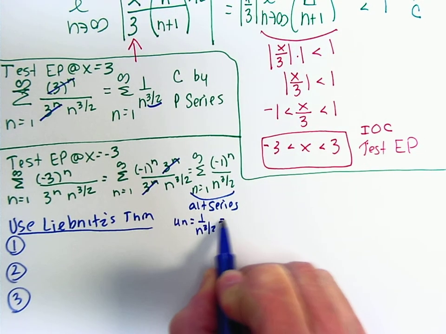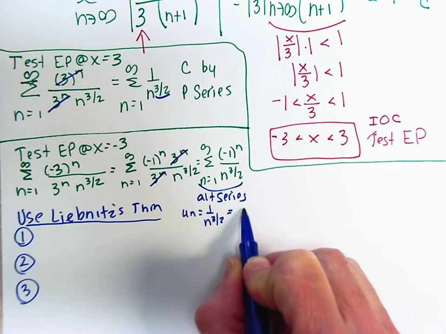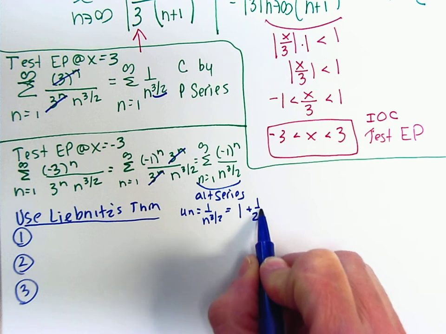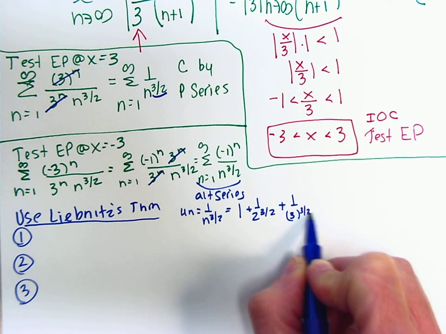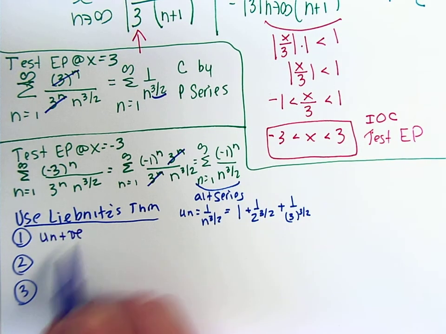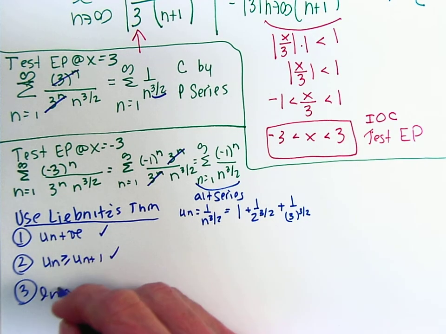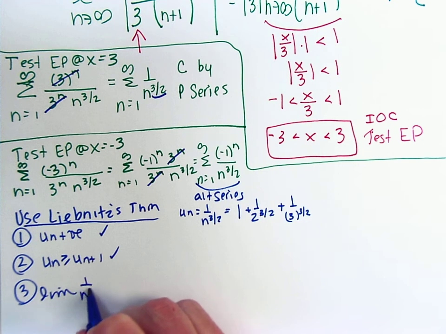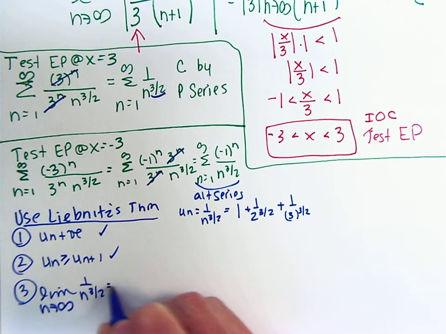If I write out a few terms, I should be comfortable with the idea that this is going to be decreasing as n grows. So u of n is always positive, and u of n is greater than u of n plus 1. And if I take the limit of 1 over n to the 3/2 as n goes to infinity, that is equal to 0.